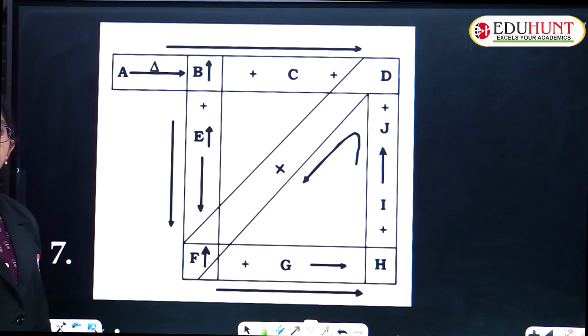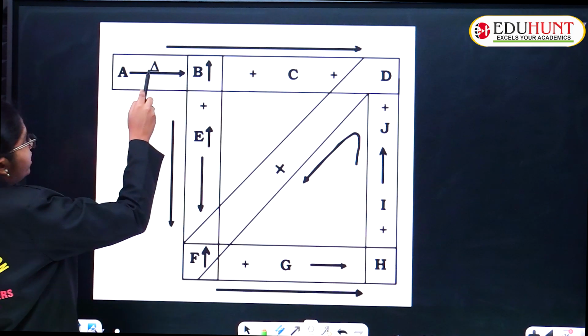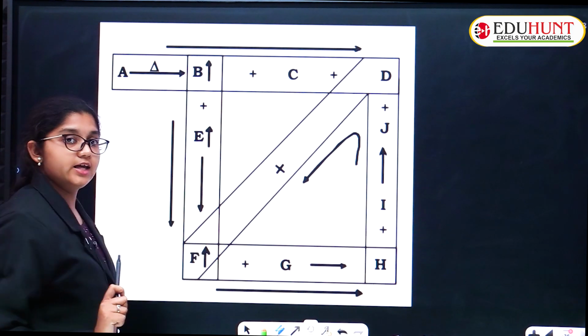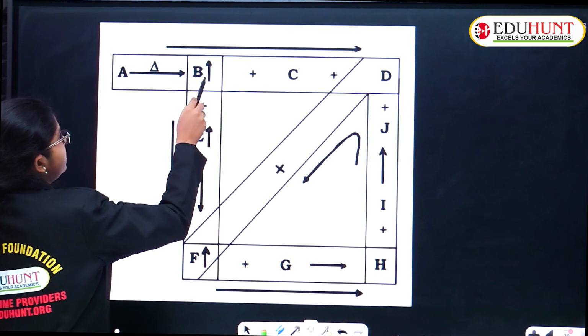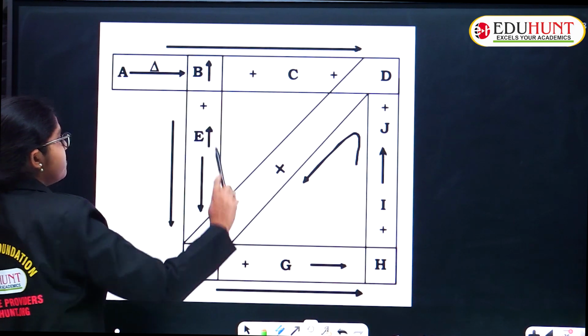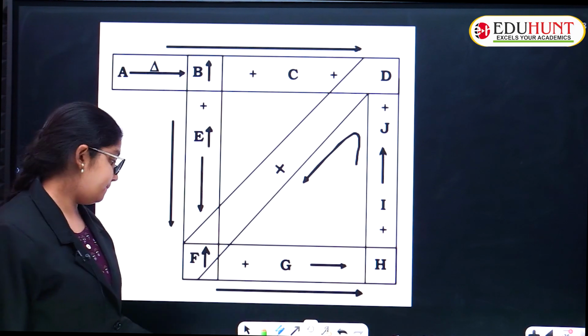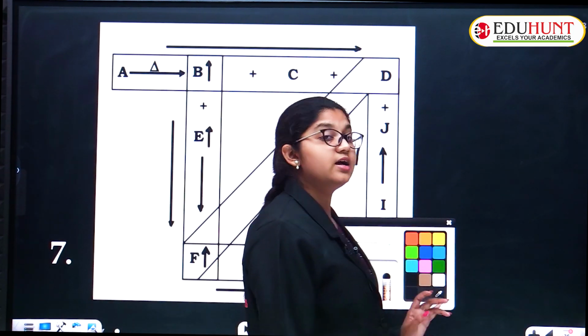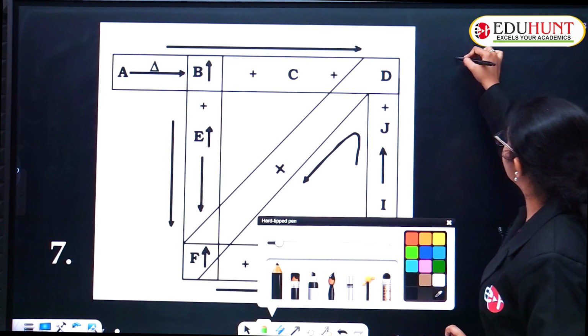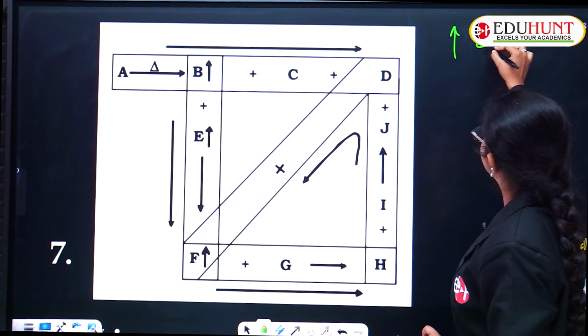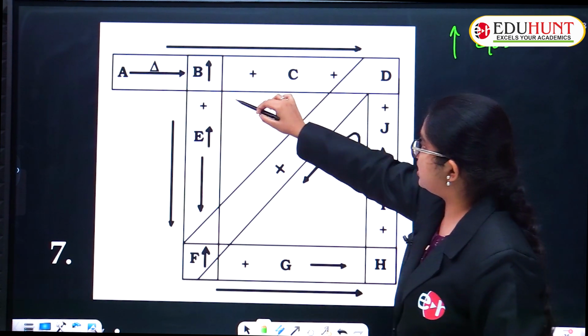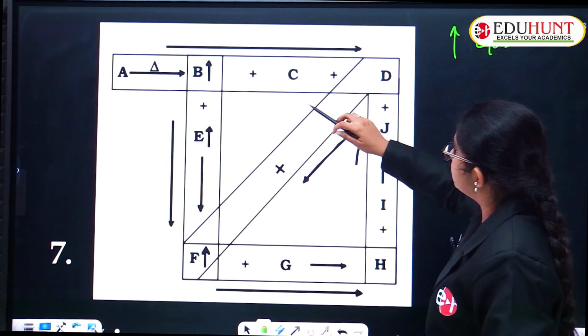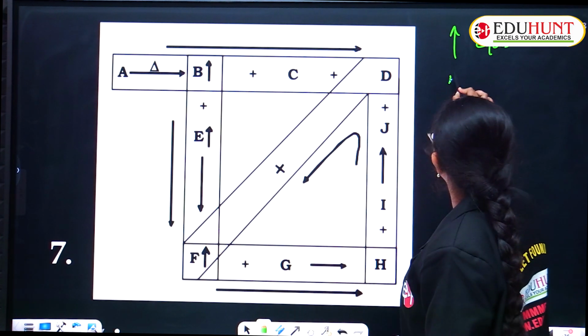Children, look carefully: A upon heating, the triangle means heating, gives rise to B, which has an upward arrow mark. If it has an upward arrow mark, what is it called? It is a gas.